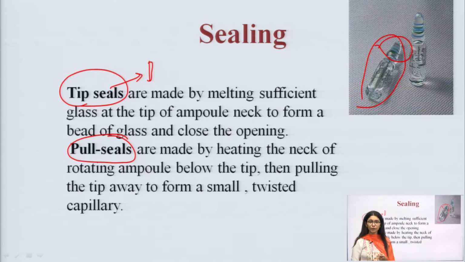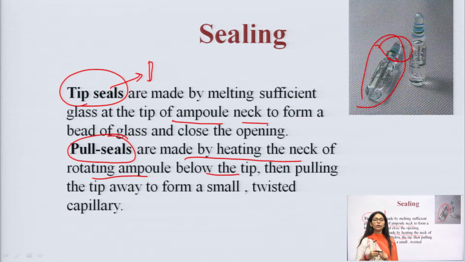How are we going to do it? We are providing proper heat. When the heat comes in contact with the glass, that is our ampule, it forms an opening, and when we provide the heat, it becomes blunt. Whereas pull seals are made by heating the neck of the rotating ampule below the tip.